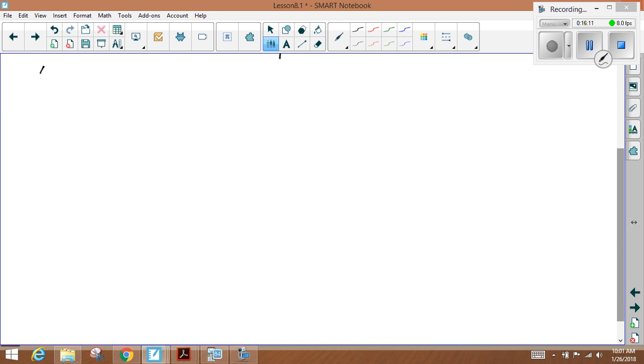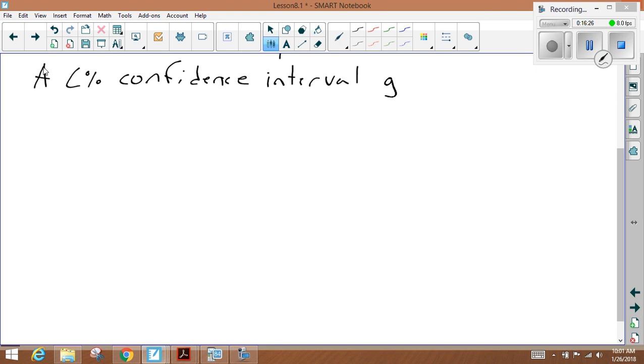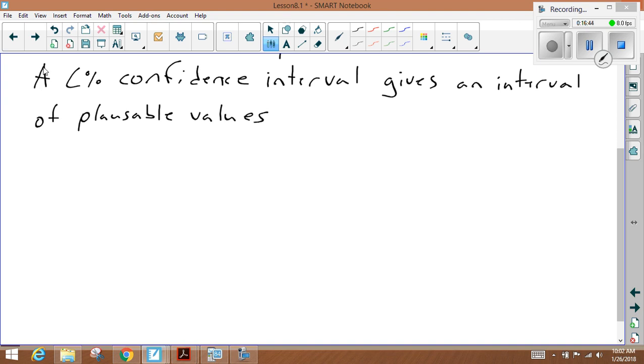Our definition: a C% confidence interval gives an interval of plausible values for a parameter.